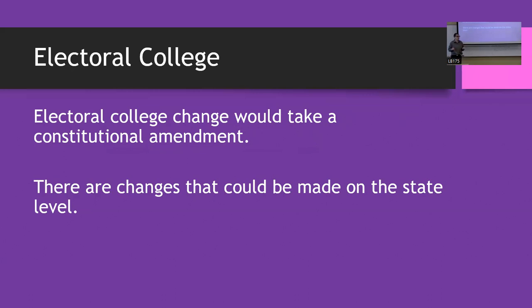The state itself doesn't have to give all 15 votes to the winner. They could give proportionally. So in the next election, if it were a close election, maybe one candidate would have earned 8 votes and the other would have earned 7. That makes sense? There are some states that do that.